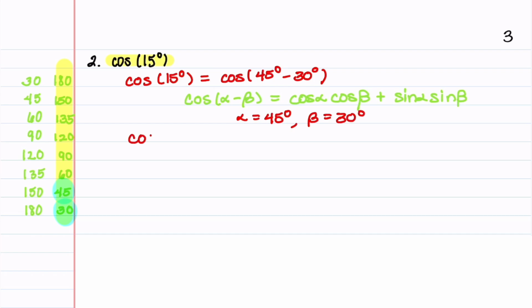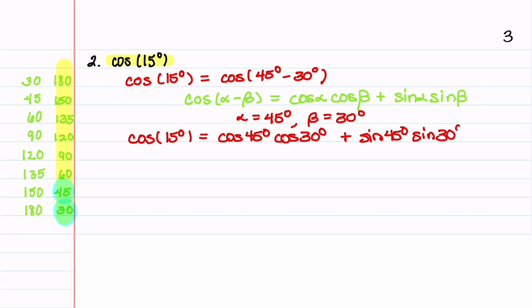This gives us cosine 15 degrees is equal to cosine 45 degrees, cosine 30 degrees, plus sine 45 degrees, sine 30 degrees. Let's now plug in our values.